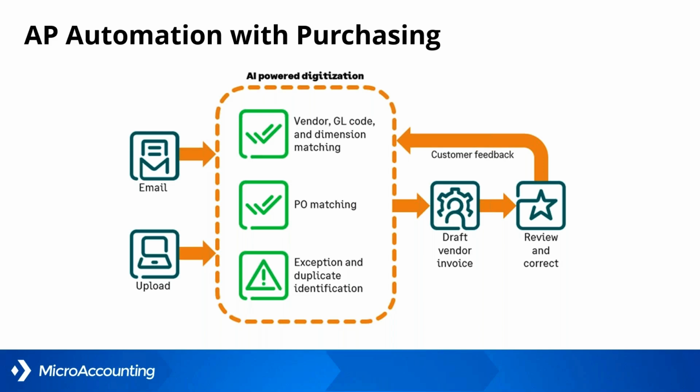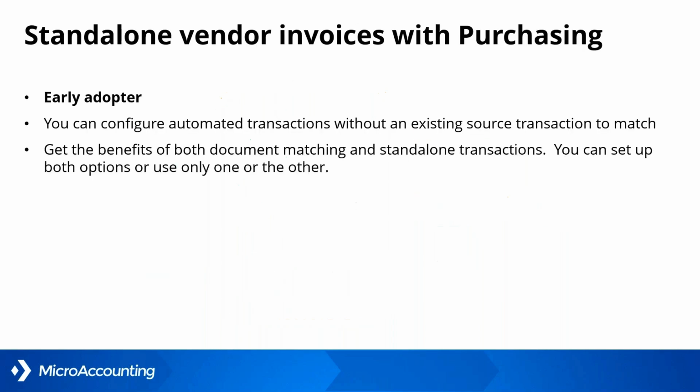It will report any exceptions and identify any duplicates, and then it will create a draft vendor invoice, give you the opportunity to review that, make any corrections, and then any feedback goes back through the AI-powered digitization for it to learn that, so that the next time it gets that invoice in, it has learned over time how you are making corrections to those, if applicable.